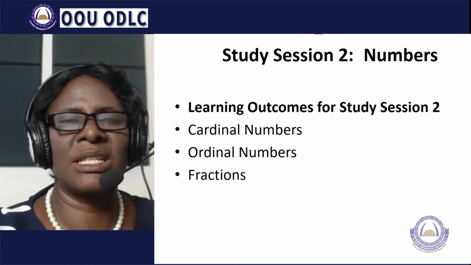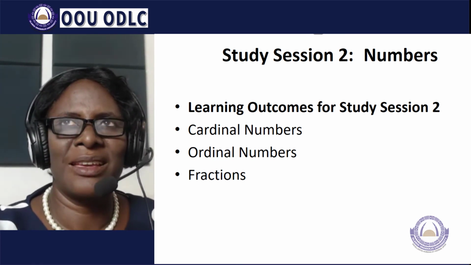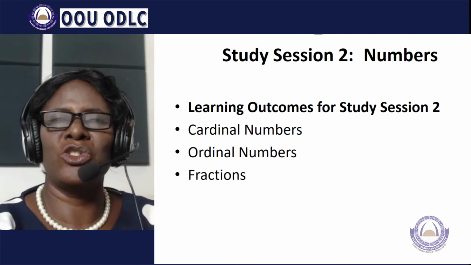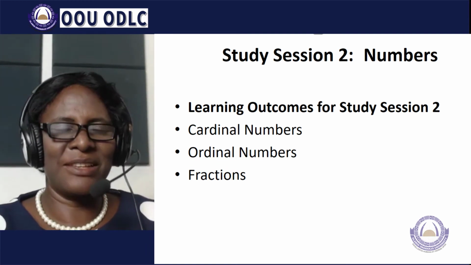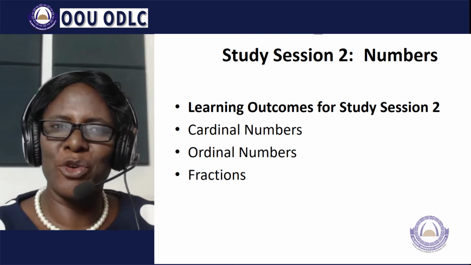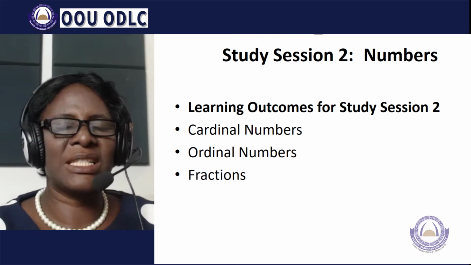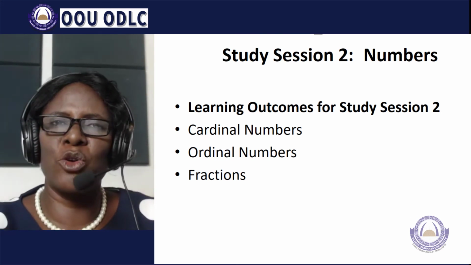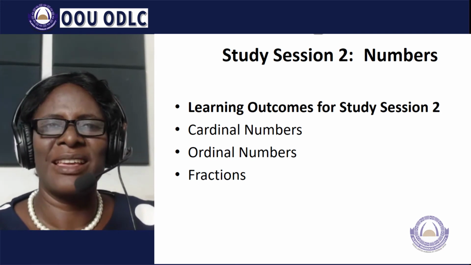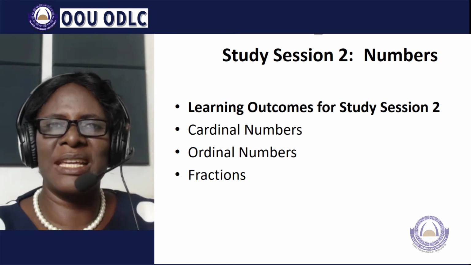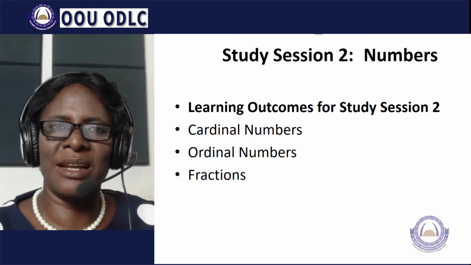Now, when you say first in French, you say "premier". People refer to University of Ibadan as "premier". Well, it's a French word, "premier", first. So if it has to do with masculine, it's "premier". If it is feminine, it will be "première". We will talk about gender of nouns later on.